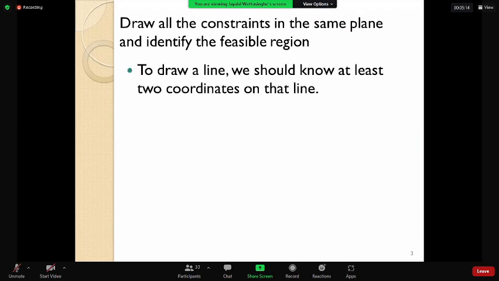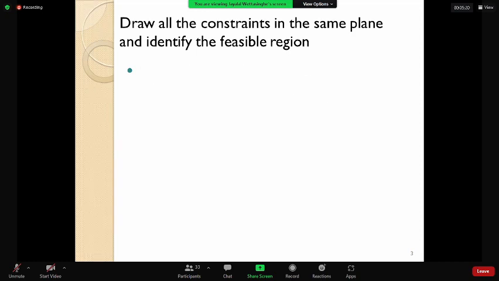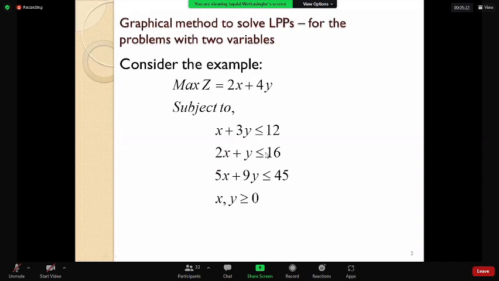Now for example, for the first constraint, we have x plus 3y less than or equal to 12. To draw this, you have to first forget about the inequality part and draw the line x plus 3y equals 12. So that you can easily draw in the graph.